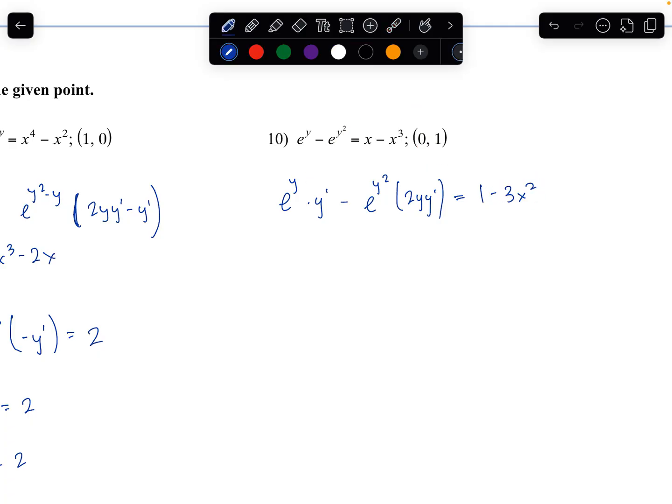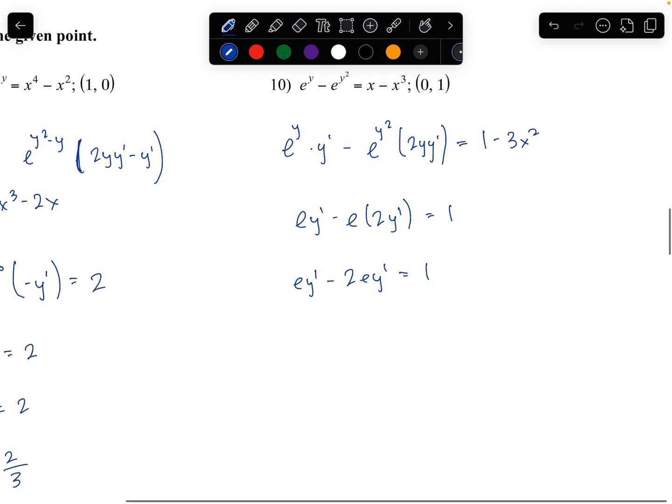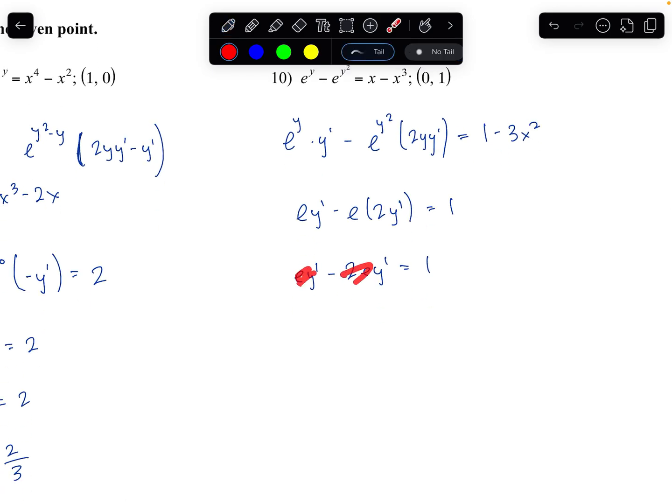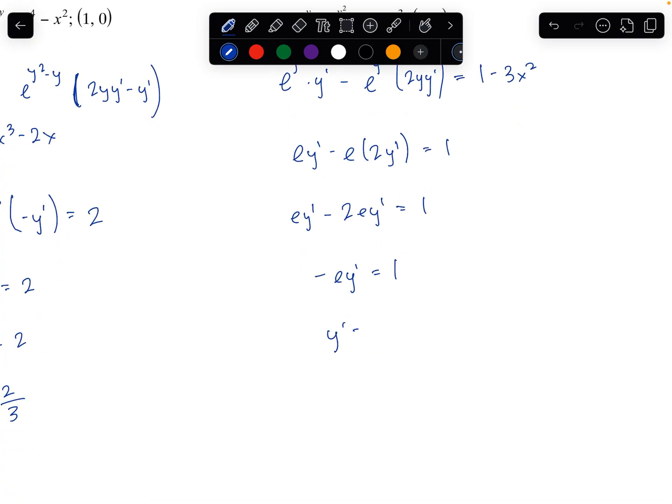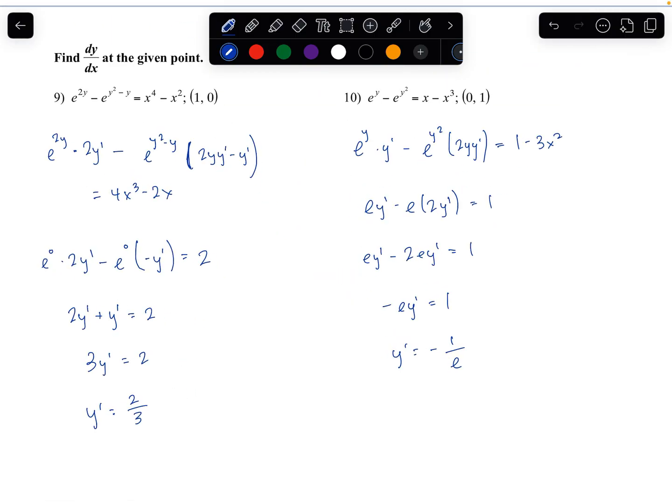So this will become e y prime minus e times 2y prime equal to 1. So that's e y prime minus 2e y prime equal to 1. Is that negative e y prime equal to 1? So then y prime is equal to negative 1 over e, I think. Yeah, I think that's right.